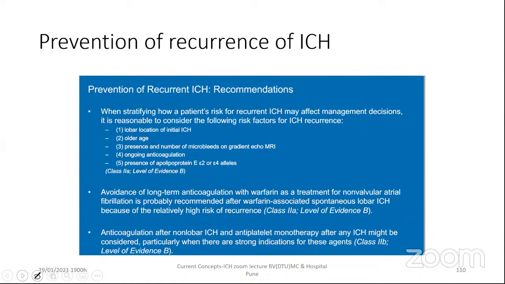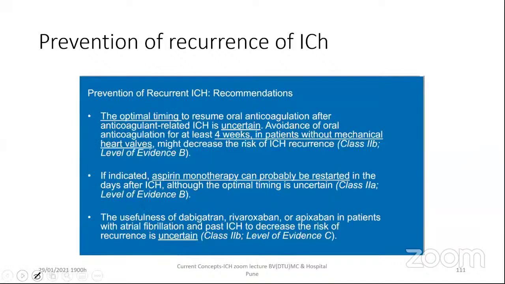But when stratifying how a patient's risk for recurrent ICH may affect management decisions, it is reasonable to consider the following risk factors for ICH recurrence: lobar location, older age, presence and number of microbleeds on gradient echo MRI, ongoing anticoagulation, presence of apolipoprotein E epsilon 2 or epsilon 4 alleles. So in these cases, we have to be very careful to restart.